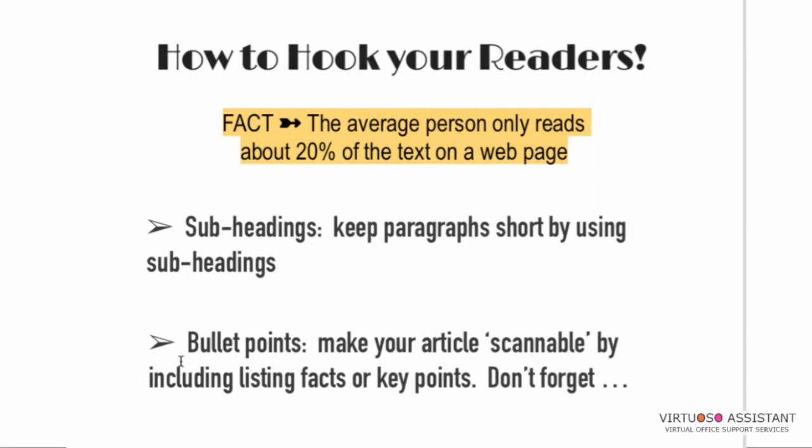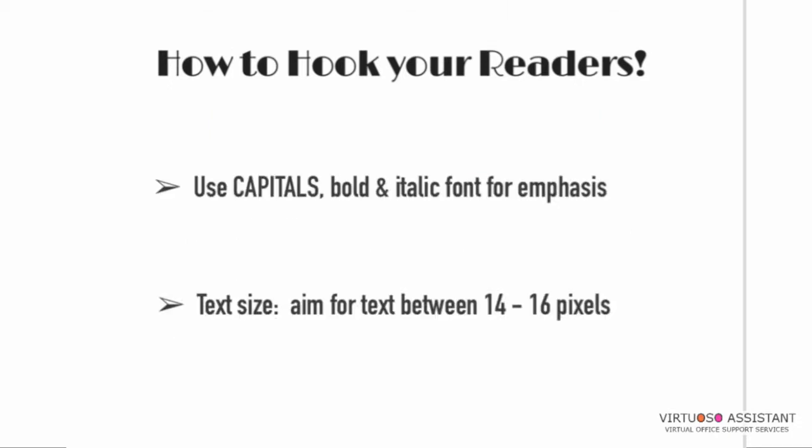So make sure you use bullet points or numbered lists to help you do that. You can also draw attention to certain key points by using capital letters, by using the bold or italic font for emphasis. And as a general rule of thumb, I use between 14 and 16 pixels when it comes to text size.